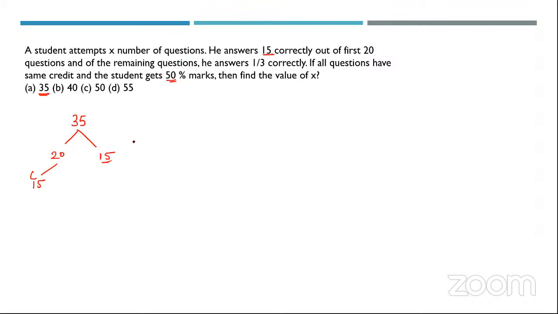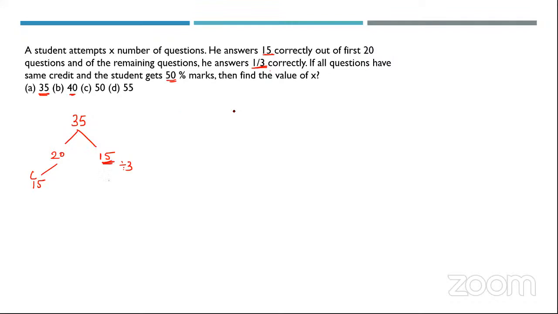Now, is this 15 divisible by 3? And of the remaining questions, that is 15, he answers 1/3 correctly. So the number of questions has to be an integer. So this number should be completely divisible by 3. Is 15 completely divisible by 3? Yes, could be my answer.